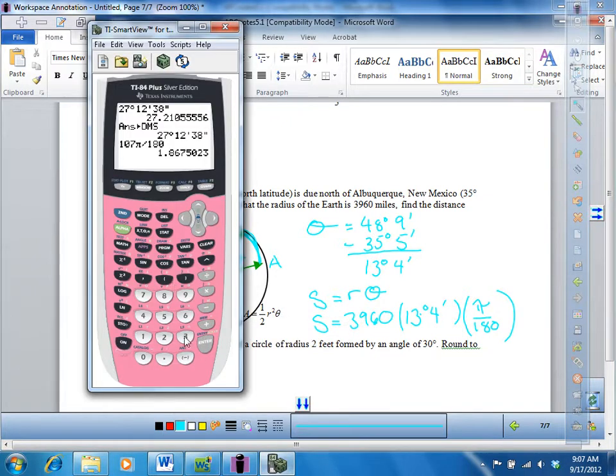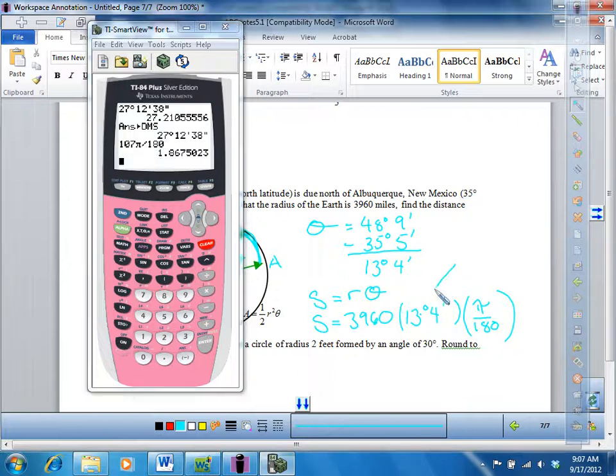Okay? And so then on my calculator, the way this is going to look, I'm going to go 3960 times 13 degrees. Hold on. I don't think it matters.